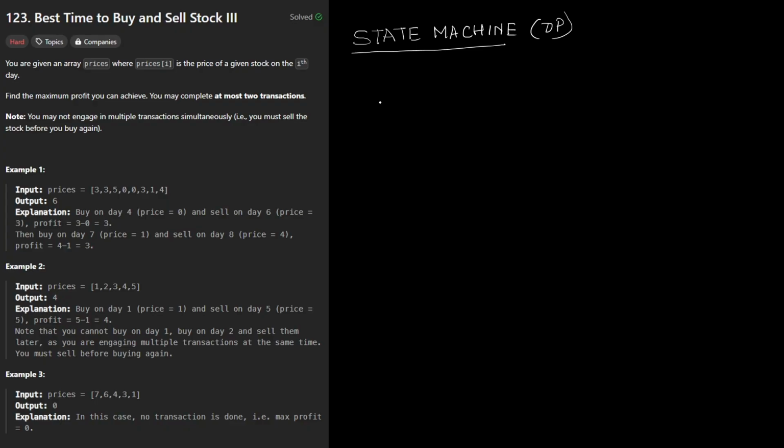So here, the initial state, the starting point, let's say would be 0. And here I can basically rest, or I can decide not to buy anything, or I can buy a stock and reach the state A. And whenever I buy a stock, I have to give minus price.